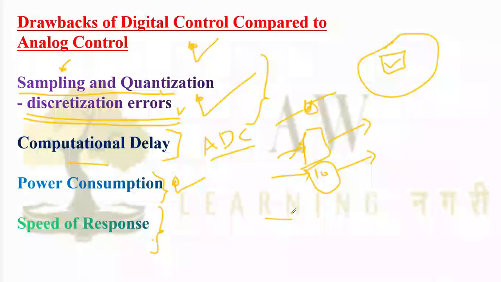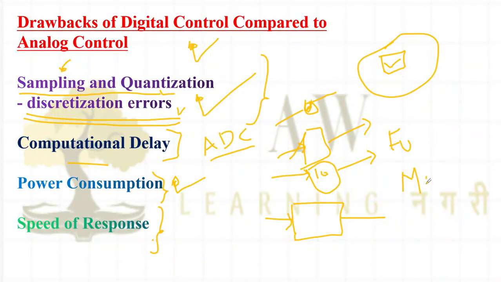One more thing: there are different architectures of digital control to implement. I will discuss that in a later video. Basically there is fully digital control, where we can completely digitalize, or there is mixed signal digital control, where we digitalize a few things and keep a few things in the analog domain.